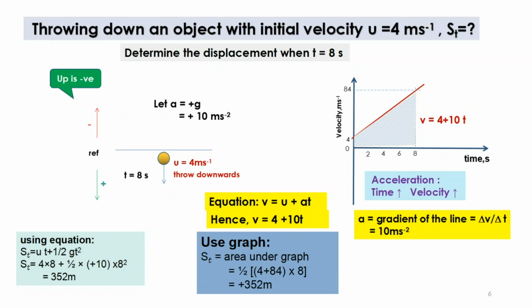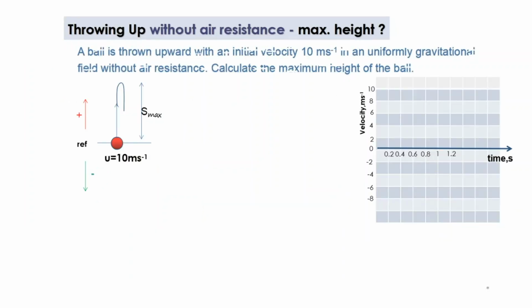The last two examples were falling objects. Now we consider a ball thrown upwards. The question is, a ball is thrown upwards with an initial velocity of 10 meters per second in a uniform gravitational field without air resistance. Calculate the maximum height of the ball. For a ball thrown upwards, we set the upward reference as positive, downward is negative.